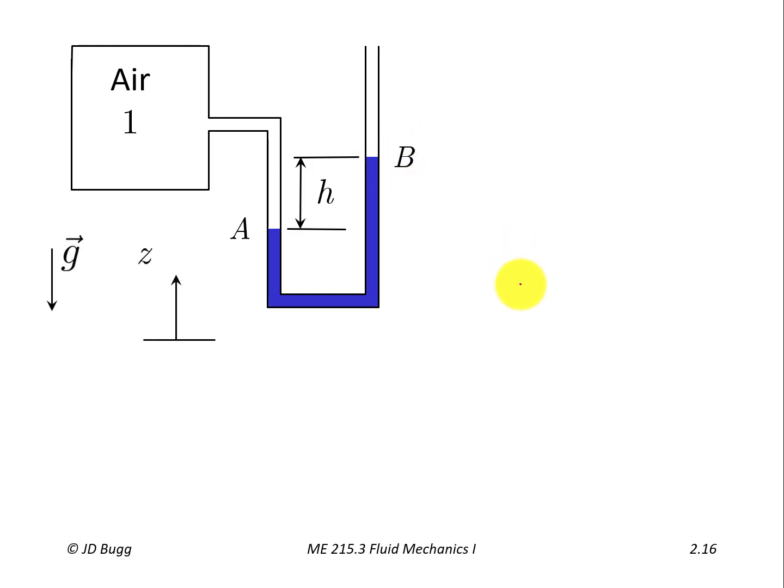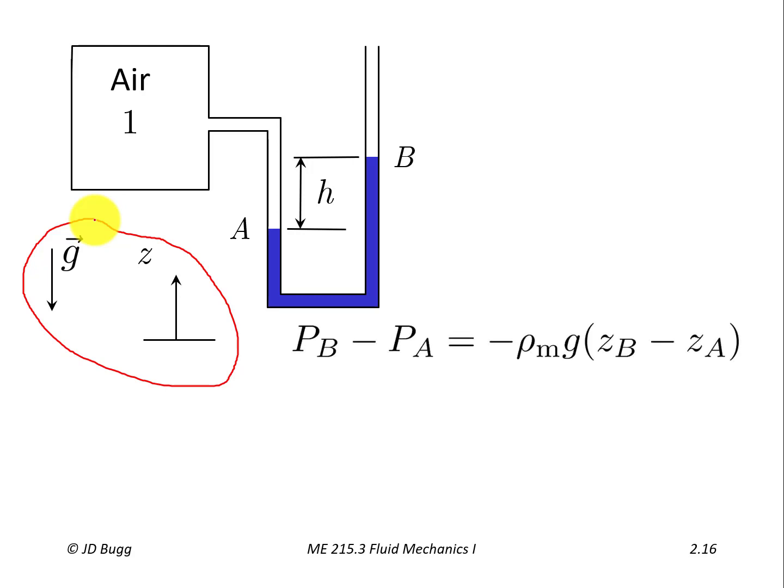So we put a coordinate system on here and we identified what direction g is, and this is all exactly the same as that pressure distribution in a static fluid discussion that we just had. So that means that we can use the equation that we developed there in this situation. So the pressure difference from B to A, so P_B minus P_A, is going to be minus the density of the manometer fluid.